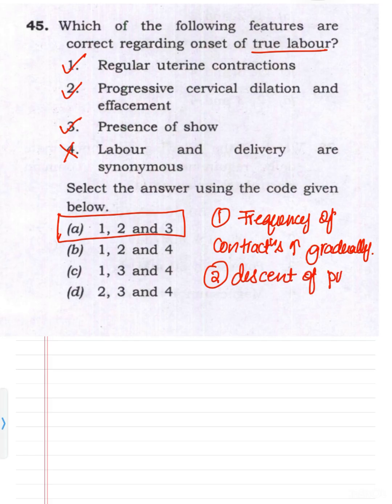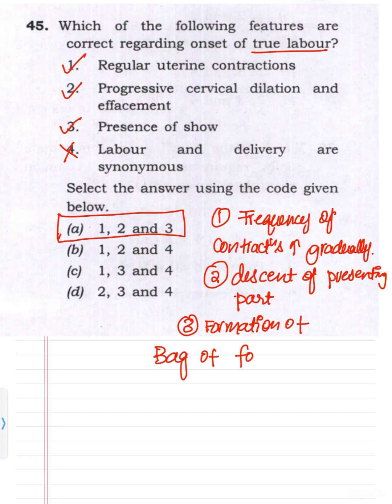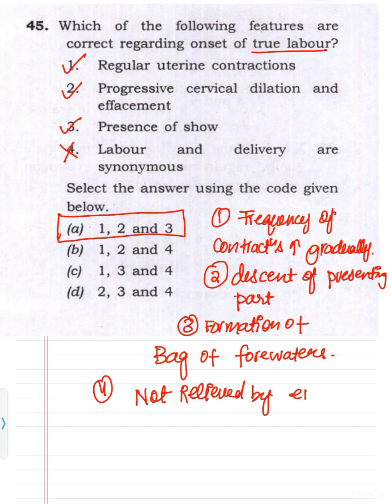Descent of presenting part is a feature of true labor. Then the formation of bag of forewaters is a feature of true labor. Then it is not relieved by enema or sedatives. So these are the features of true labor.